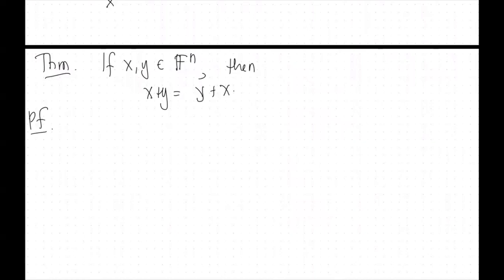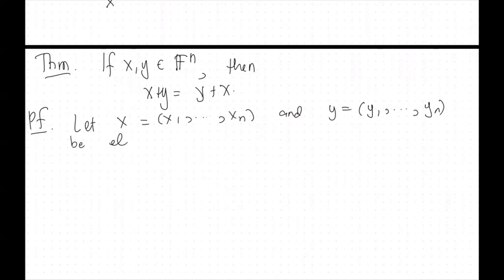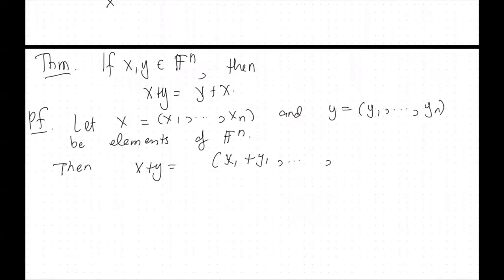For the proof, let x equal to this list and y equal to this list, elements of F^n. Then x plus y is just x1 plus y1, up to xn plus yn.